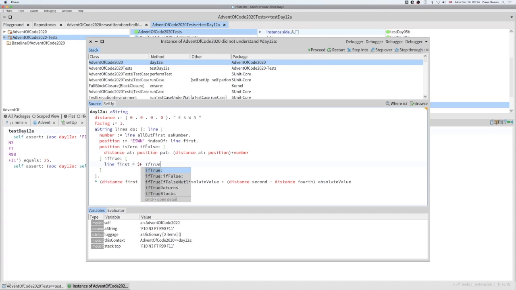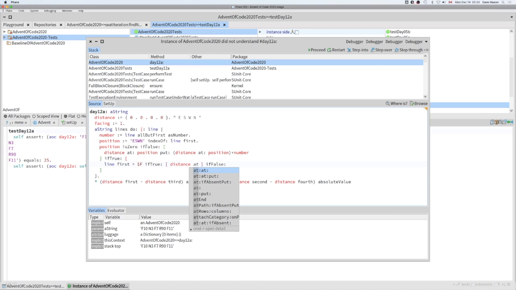If true, then we want to just add this to the current direction we're facing. So distance at facing put distance at facing plus number.